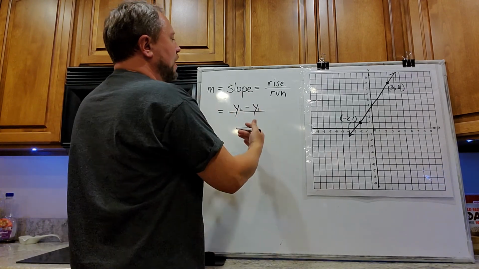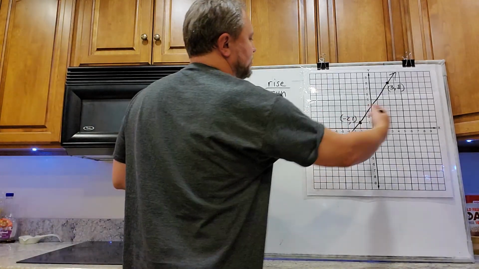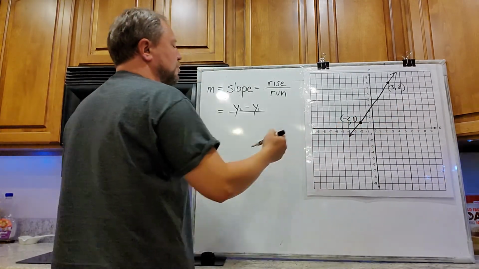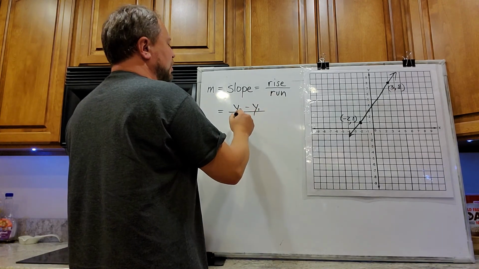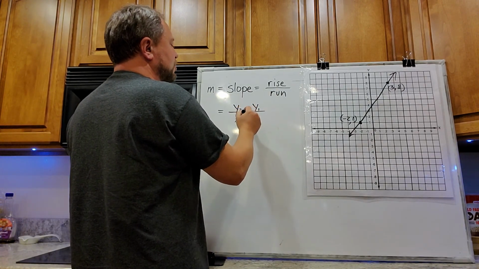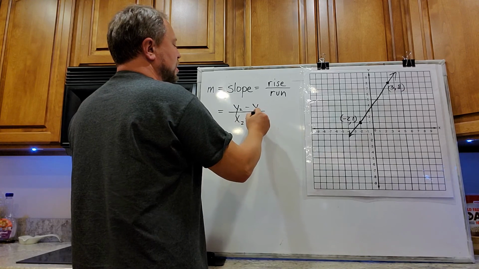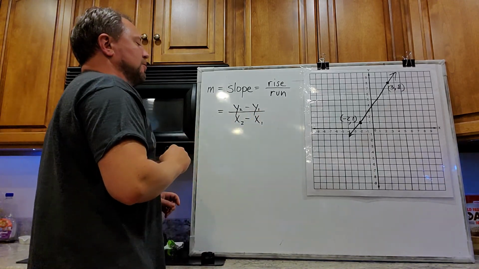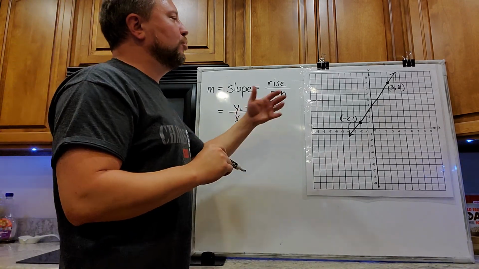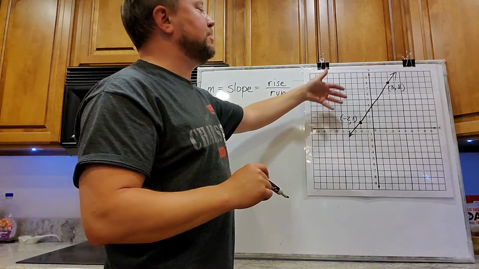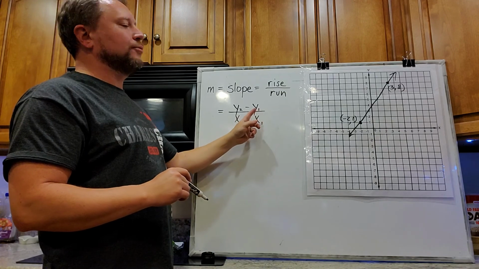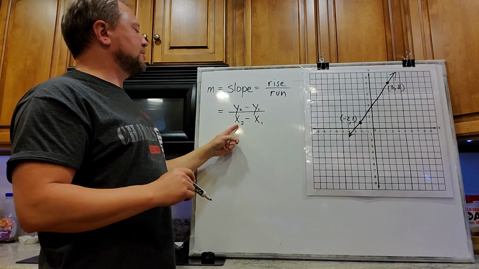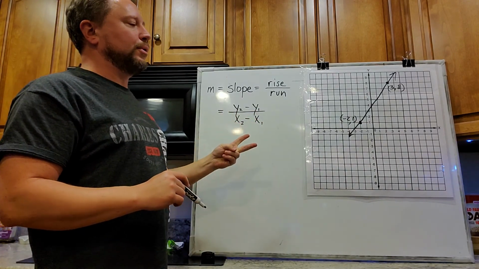And then on the bottom, the run, remember that's movement side to side. That's determined by X values. So on the bottom, to figure out your run, we are again going to subtract, but this time you'll be subtracting your X values. Now, it really doesn't matter which one of these points you call your x1, y1, your first point, or your x2, y2, your second point.